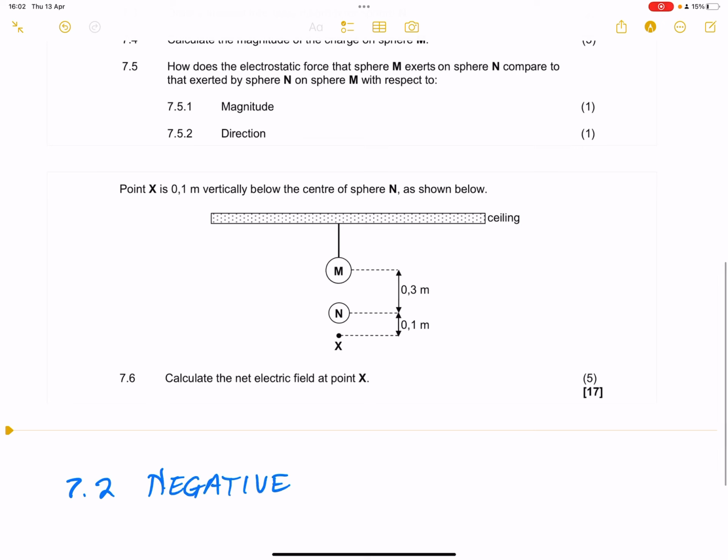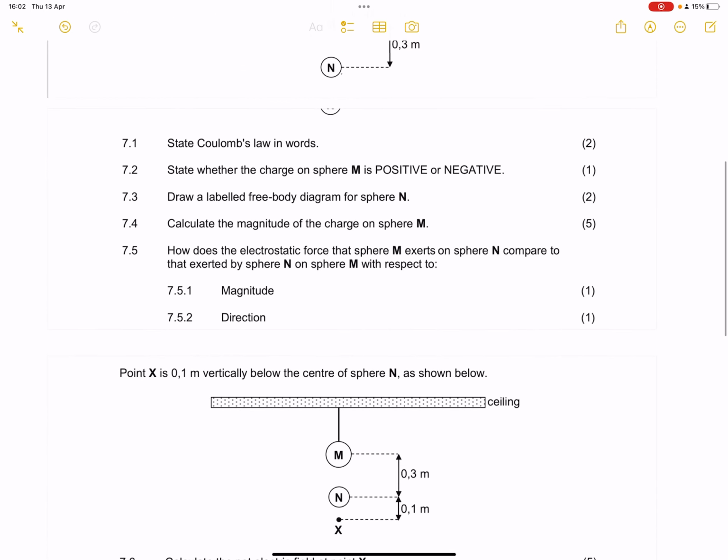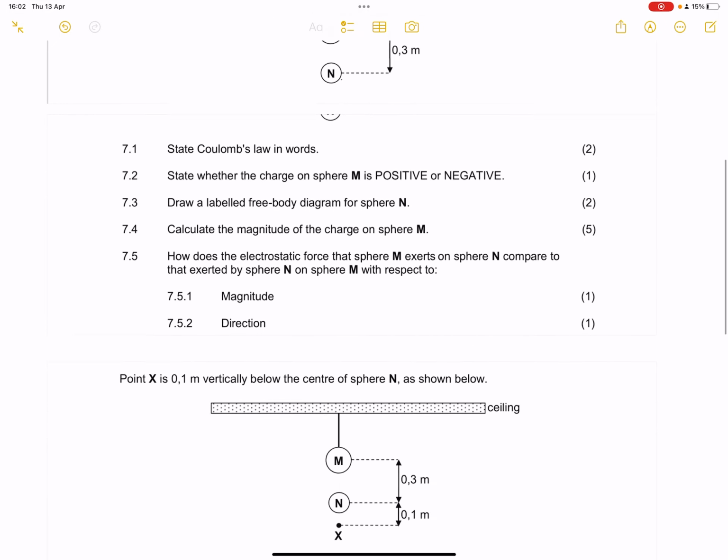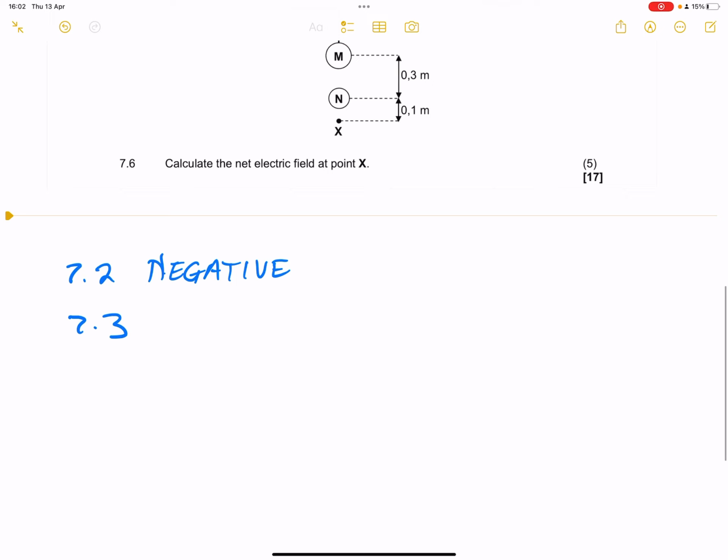Okay, so let's look at 7.3. They say to us, draw a labelled free body diagram for sphere N, 2 marks out of 2 marks. That's exactly what we had just done. So I'm going to have 2 forces there. One is the electrostatic force, or you can say the force of attraction, or attraction force.